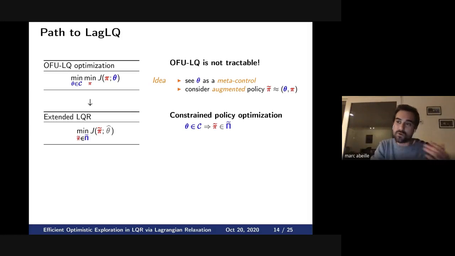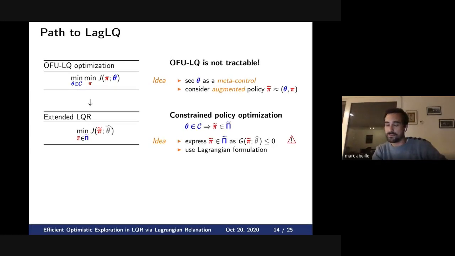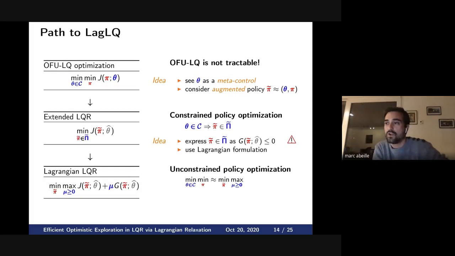To remove the complexity of the constraint, the basic idea is to follow the standard path of Lagrangian reformulation. We express the constraint in a functional way using a function capital G, and we use a Lagrangian formulation to replace the constraint by the maximization over a Lagrangian parameter mu.